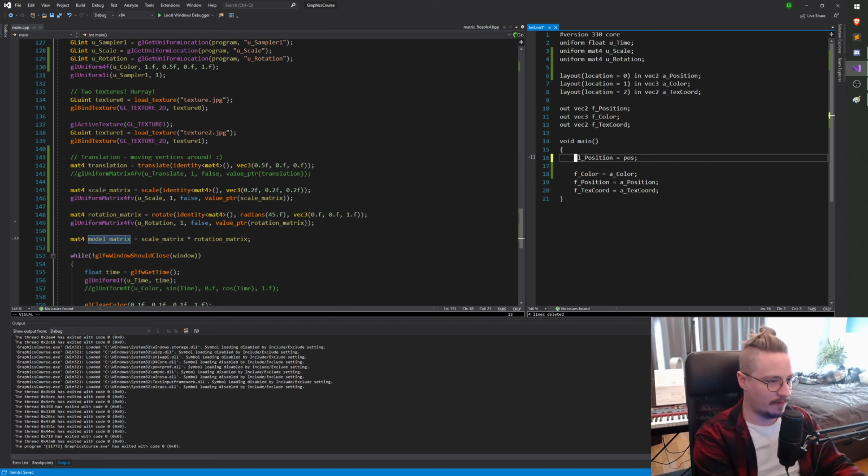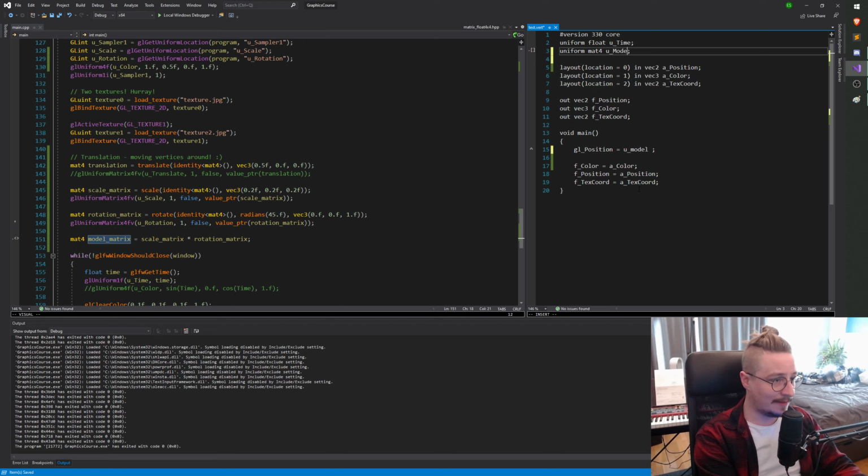So I'm gonna actually remove this again and go to uModel. I'm gonna make one model uniform mat4, and I am going to do uModel times vec4 of aPosition, 0, 1.